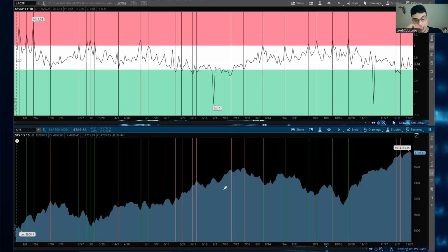Now, it's never going to tell you, hey, we're about to start a downtrend that lasts 5 days, a downtrend that lasts 5 months, a downtrend that lasts 5 years. It's more of a shorter term signal. Okay, it's not something to live or die by, but in my opinion, when combined with many other things, which is why I have the whole market breadth playlist on my YouTube channel.